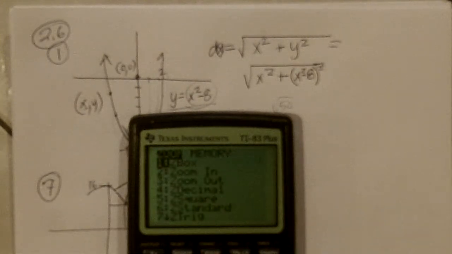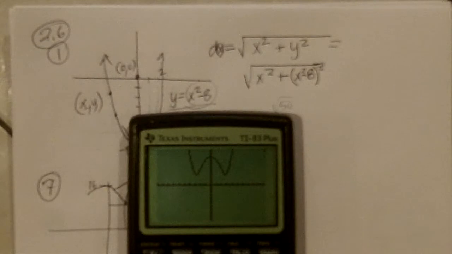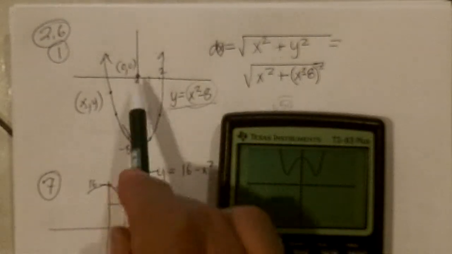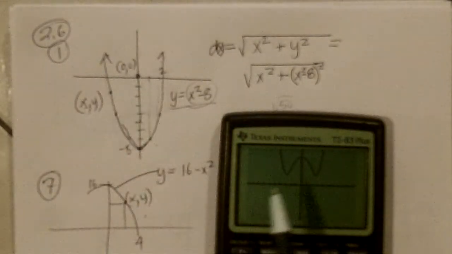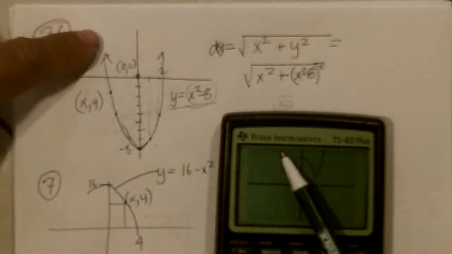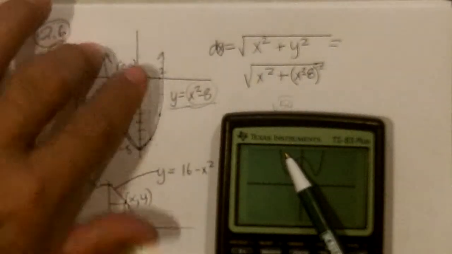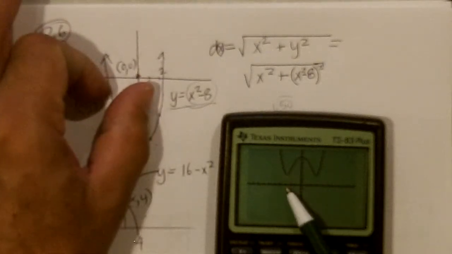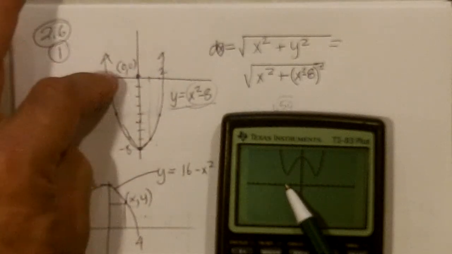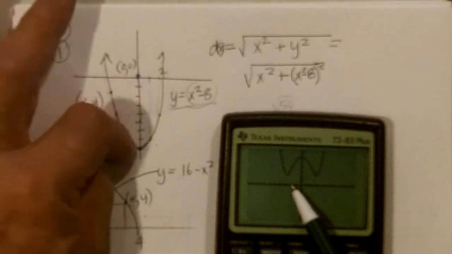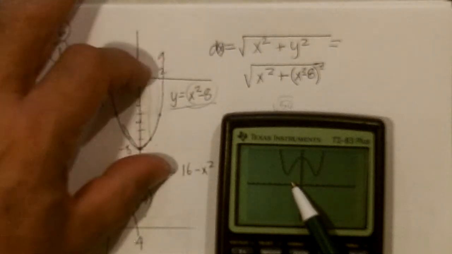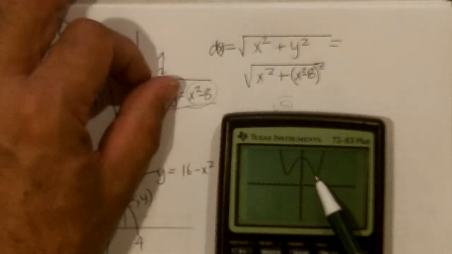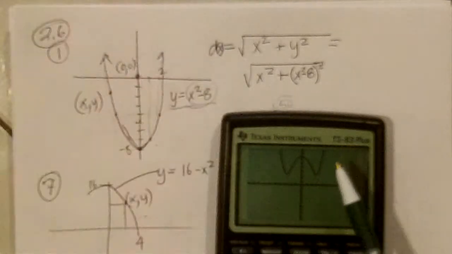If I do zoom 6, I get this, and it says the distance between the 2 points decreases as you come down to around this x value, and then it gets bigger again, gets further away, and then it gets shorter, and then it starts getting further away.